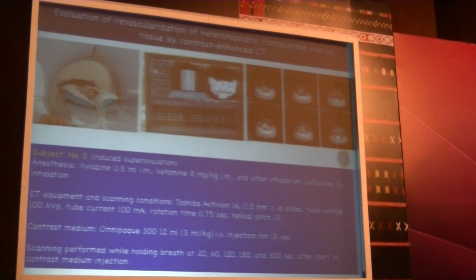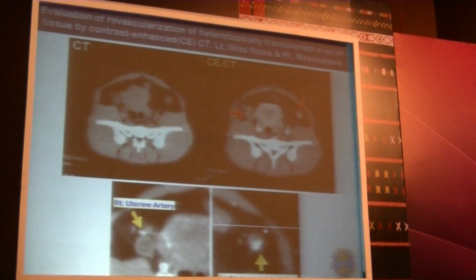The distribution of blood vessels at the site of heterotopic transplantation was examined by contrast-enhanced CT using monkey number 5 on the day before ovum collection after induced superovulation. The results showed contrast enhancement of the transplanted ovarian tissue present in the mesocervix on the right side of the uterus and in the omentum in the left lower abdomen.